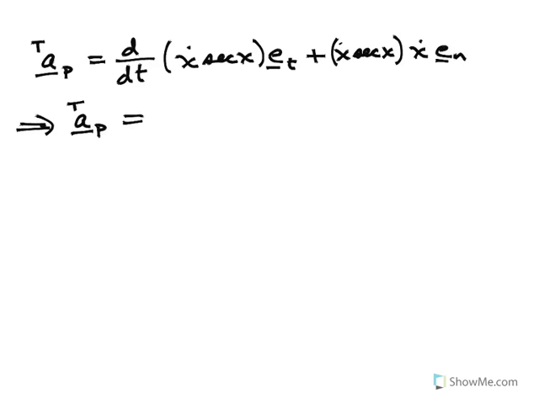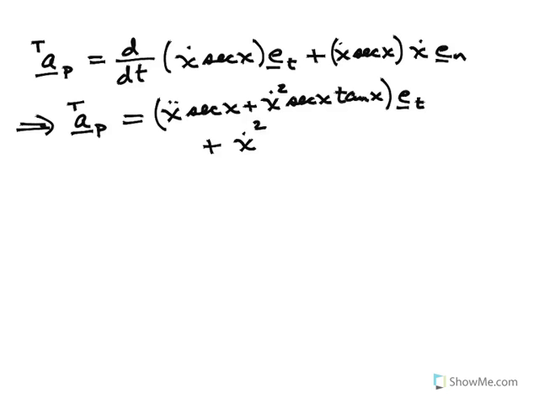If we compute out all the rates of change in full form, we get x double dot times the secant of x plus the derivative of secant, which is secant tangent, and then there's another x dot, so plus x dot squared secant of x tangent of x, and that whole thing is multiplied by e sub t, plus x dot squared times the secant of x times e sub n.